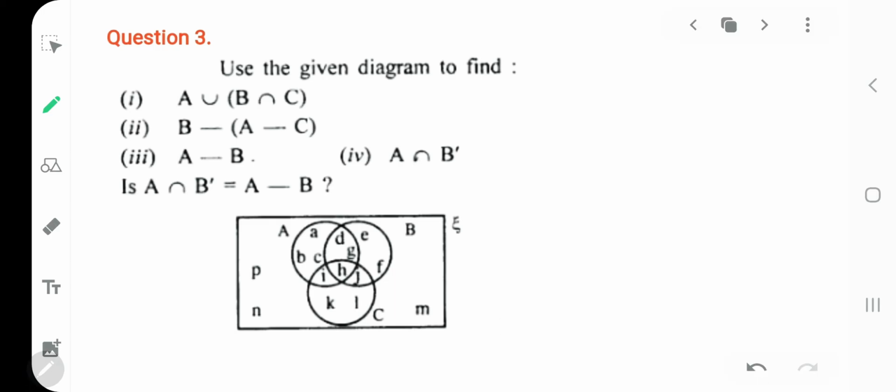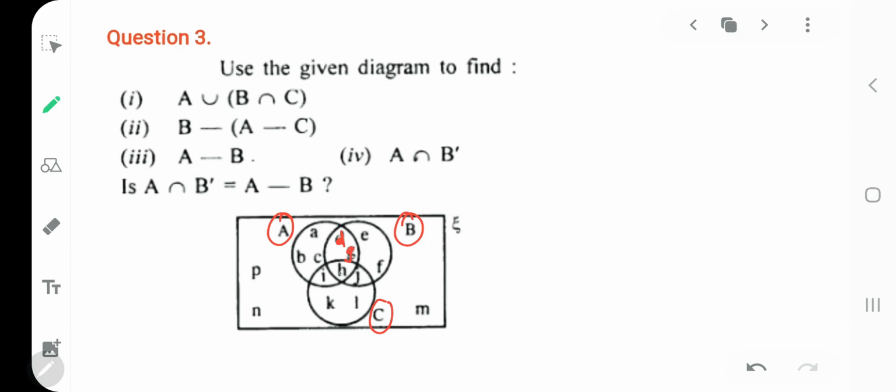Next we have question number 3. In this, if you notice, you have 3 circles together, means you have 3 sets A, B, C. Getting my point? These D and G are intersection between A and B. Getting my point clear?